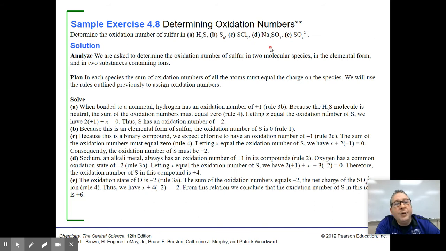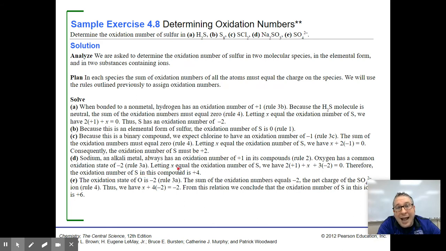Next, we have Na2SO3. This is one where we have a polyatomic ion. For D here, sodium is an alkali metal, so it's going to have an oxidation number of +1, because it's in the alkali metal family and it typically has a +1 ionic charge. Oxygen typically has a -2 oxidation number.